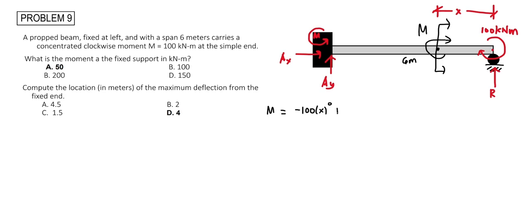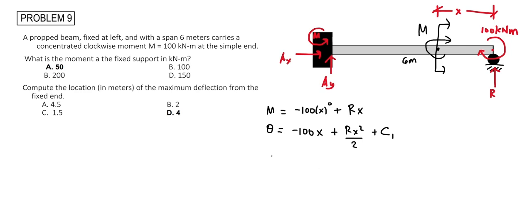Then we add the moment induced by the reaction R, that is R times the moment arm distance of x. Integrating, we get our slope equation: negative 100x plus Rx squared over 2 plus the arbitrary constant c sub 1.